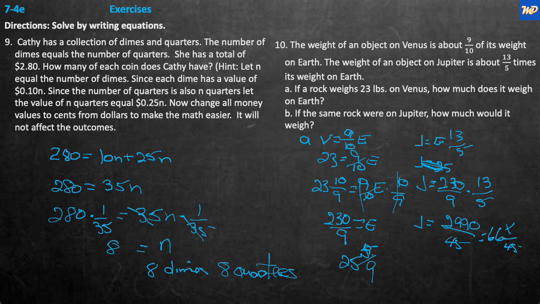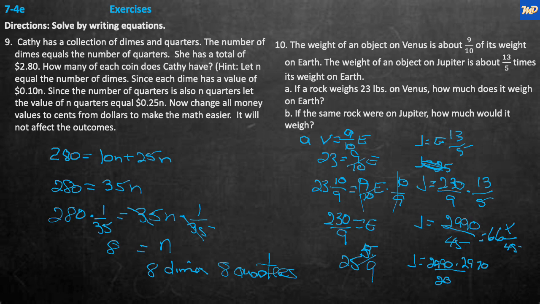Well, 66 times 45 is 2970. So J, Jupiter's weight, is 2990 minus 2970, which is equal to 20.